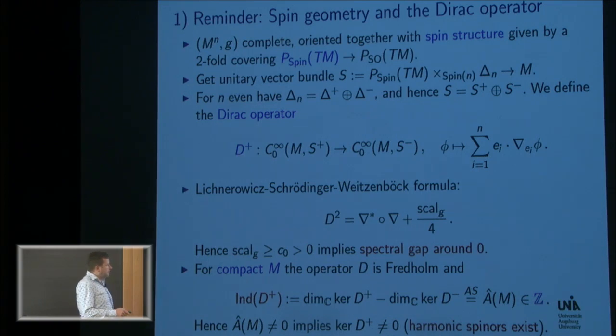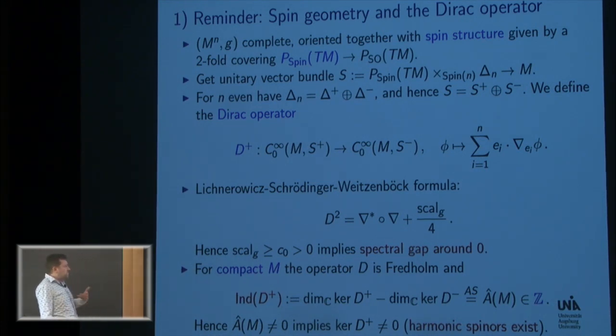This is due to the fact that we have a Clifford multiplication with these basis vectors. The dot here denotes Clifford multiplication, and that exists because we have a spin structure. So this is a differential operator. It's a very interesting object because it is a sort of square root of the Laplace operator, and that was already pointed out by Misha on Tuesday.